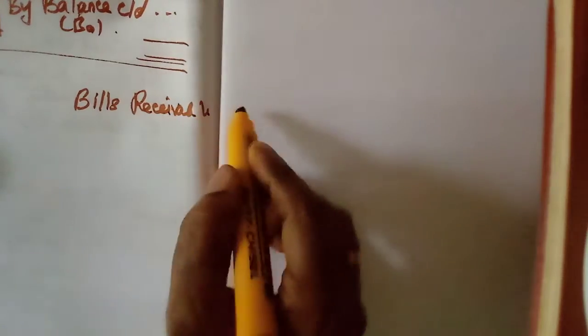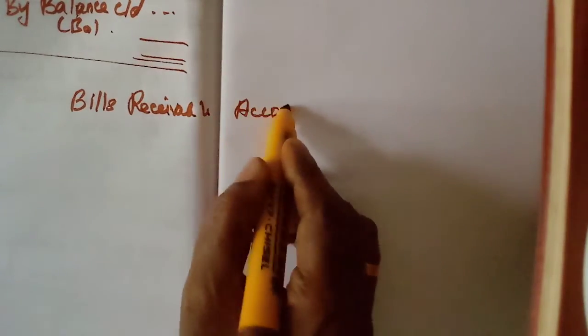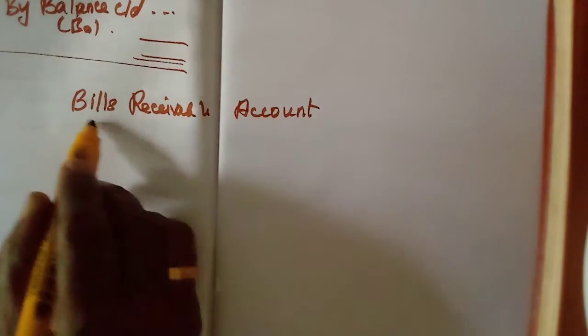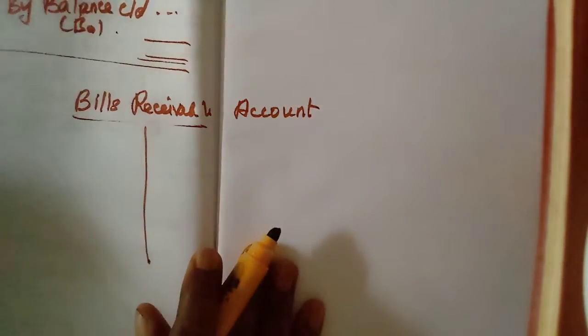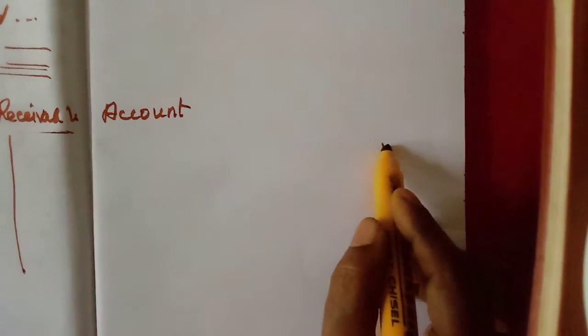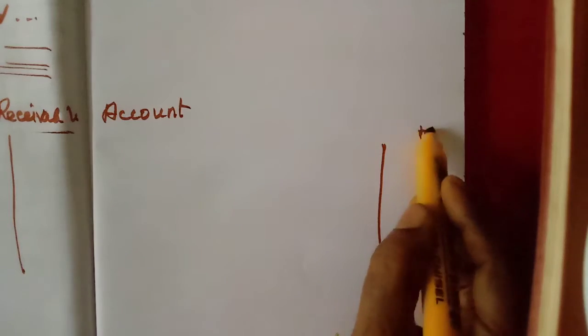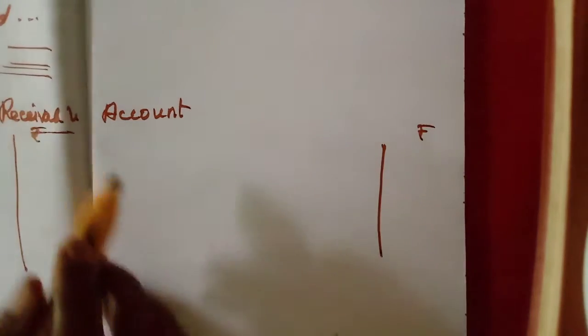Bills receivable account. Here one amount column, here also one amount column, rupees. Debtor, creditor and all we have to write.